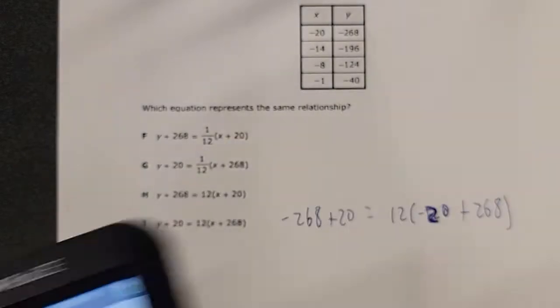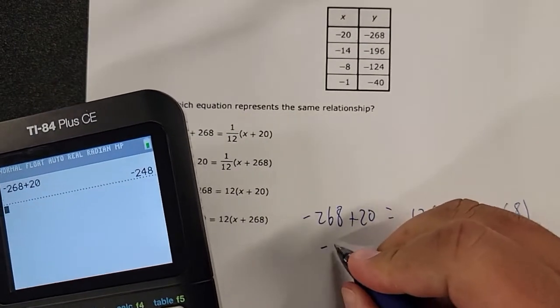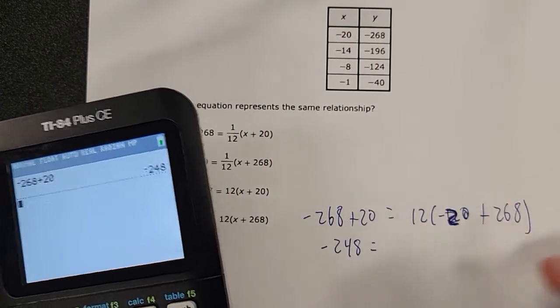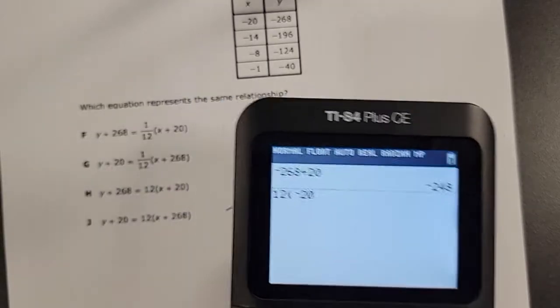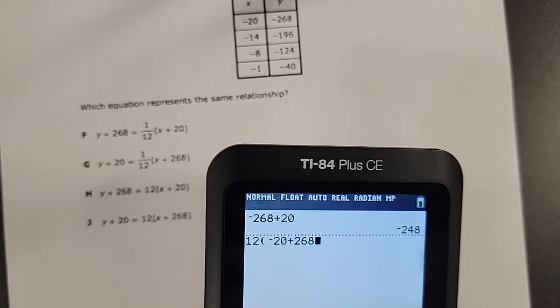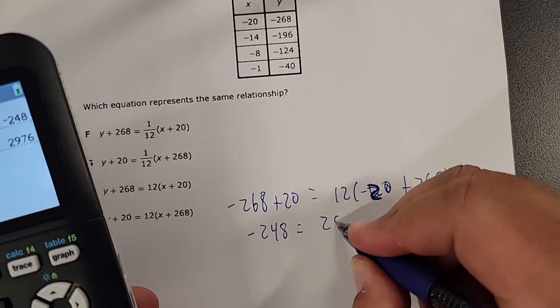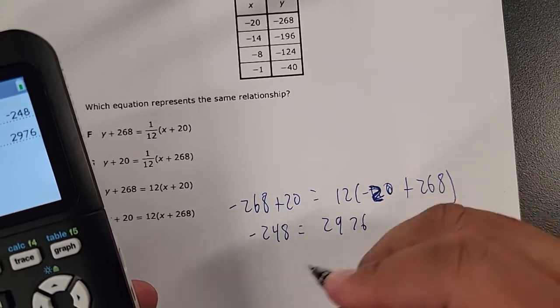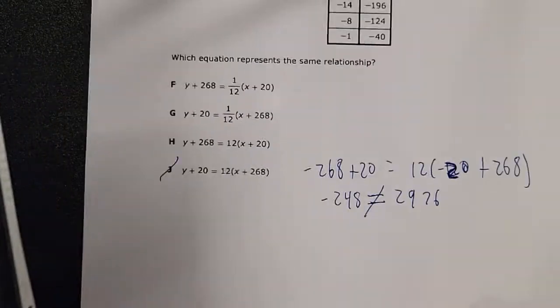Negative 268 plus 20. That's negative 248, I'm sorry. Now let's plug this in. 12(negative 20 plus 268). That's like 2,000 and something. So these do not match. So that means that that can't be possible.